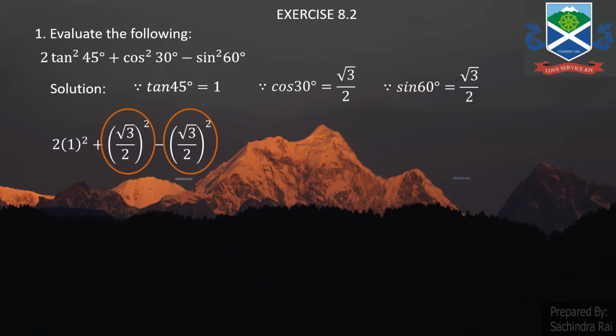So one is plus, one is minus, so we can just strike them off or cancel them. So we get the new expression as 2 into 1, because 1 square is 1, and 2 into 1 is nothing but 2. So the value for 2 tan square 45 plus cos square 30 minus sin square 60 degree is nothing but 2.